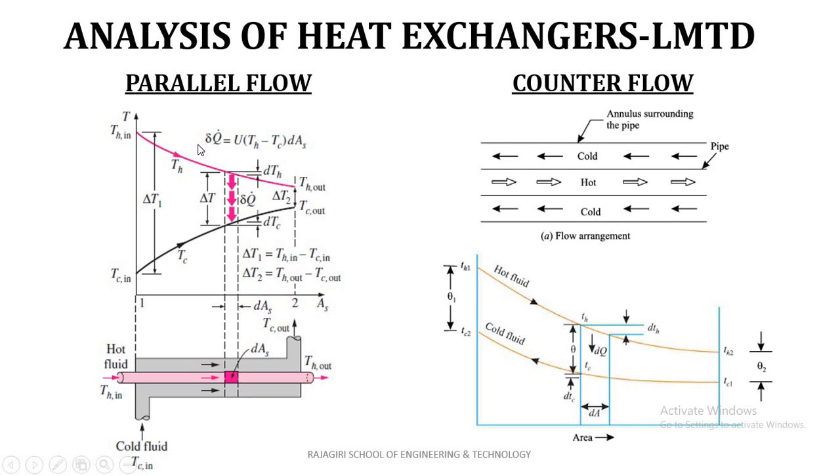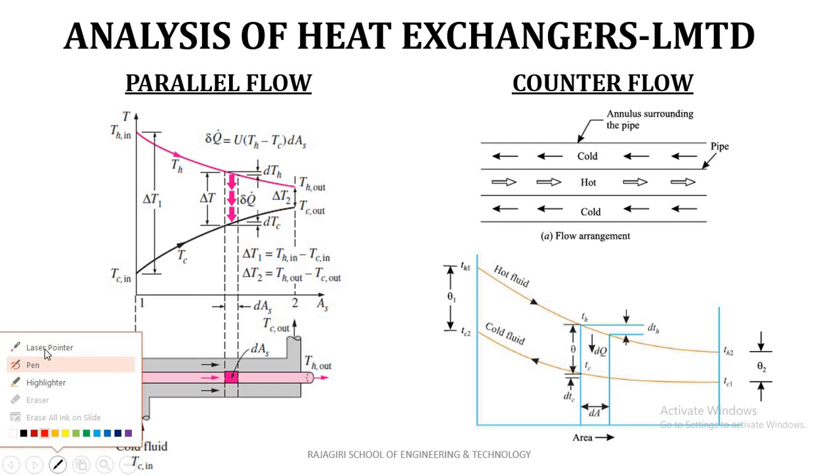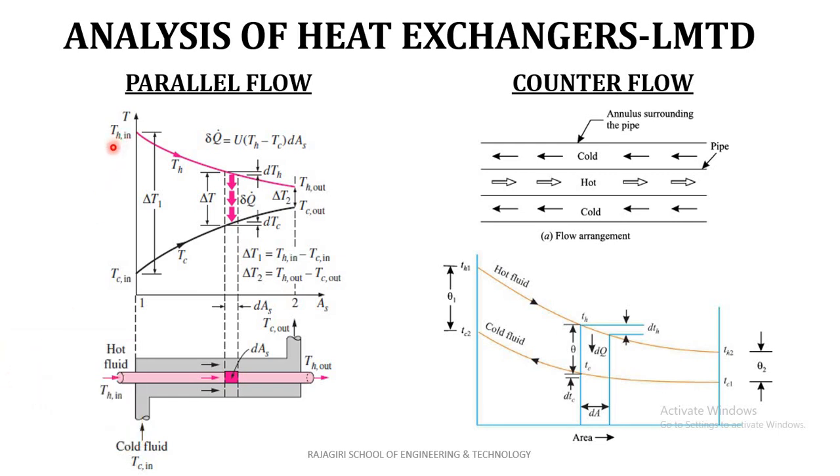So we know in a parallel flow heat exchanger, both fluids move in the same direction. Here the suffix H represents the hot fluid and C represents the cold fluid.